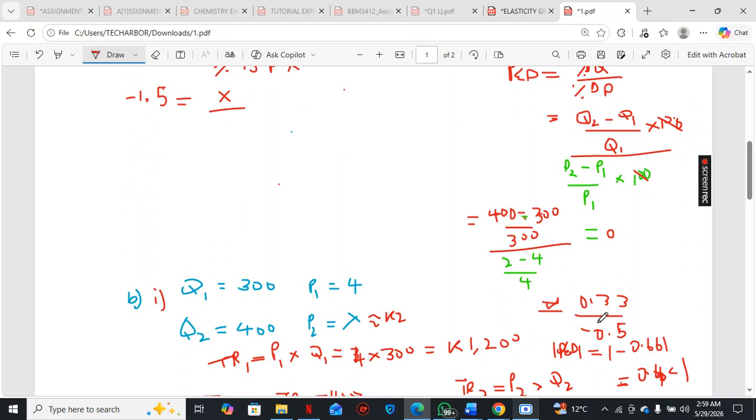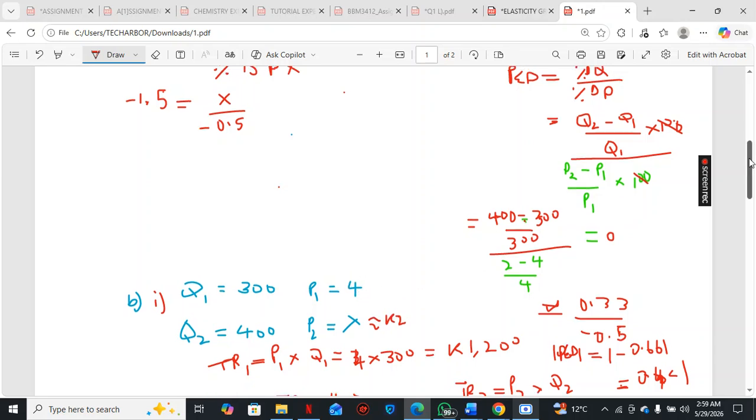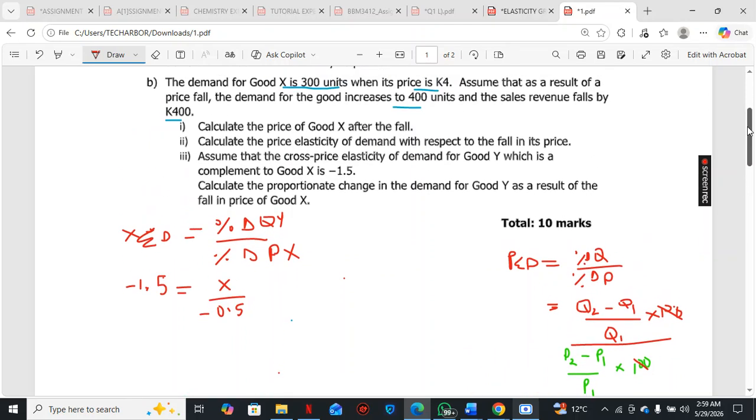That's the percent change in price, so we're going to put here negative 0.5. Price dropped by 50%, from 4 kwacha to 2 kwacha.